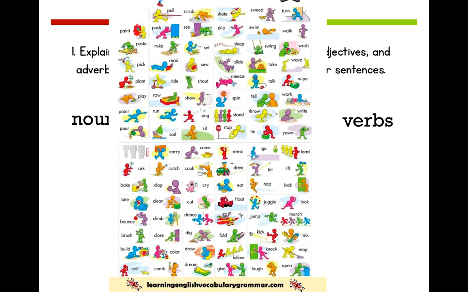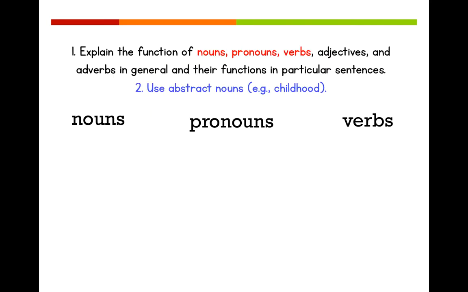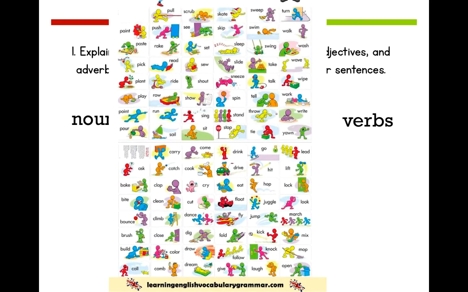Oh, I want to also share with you, ESL.com is also a great website. They provide these graphics for you to look at and be able to get information about English grammar. Okay, so again, these are verbs.